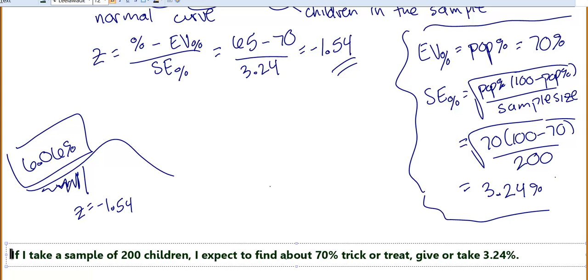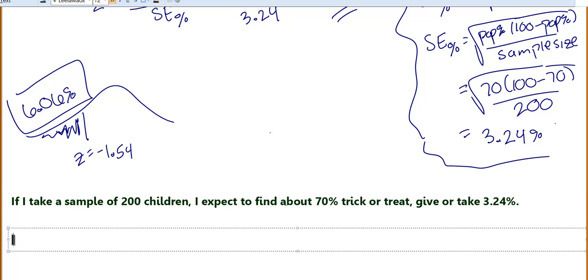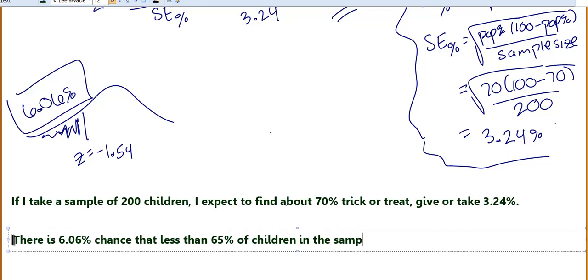I haven't taken the sample yet, but when I do, I expect to find about 70% trick or treat, give or take about 3.24%. And then I can be more specific and go find specific chances. We're interested in the chance that less than 65% go trick or treating. So I found that there's a 6.06% chance that less than 65% of children in the sample go trick-or-treating.